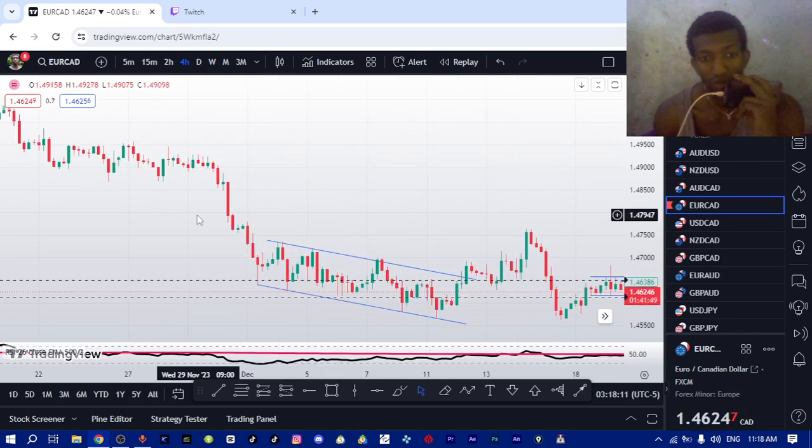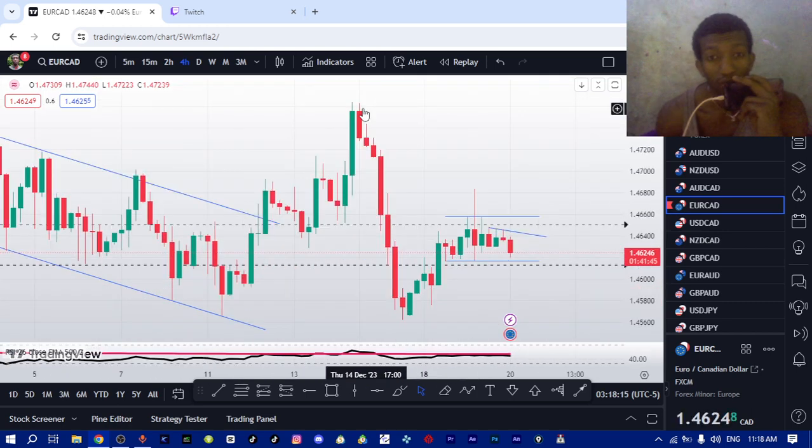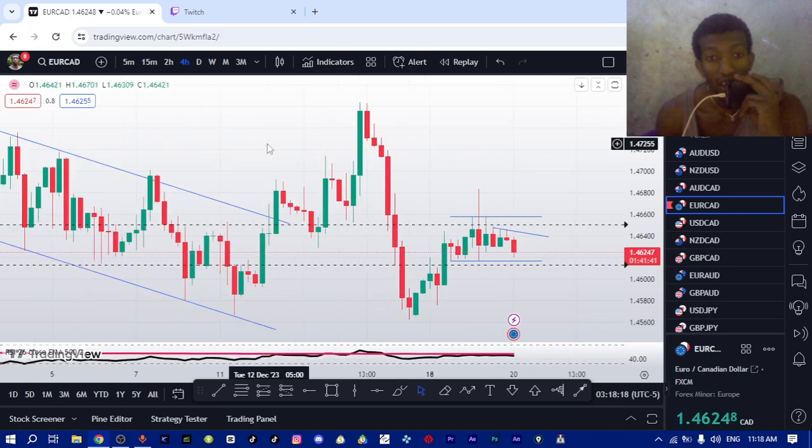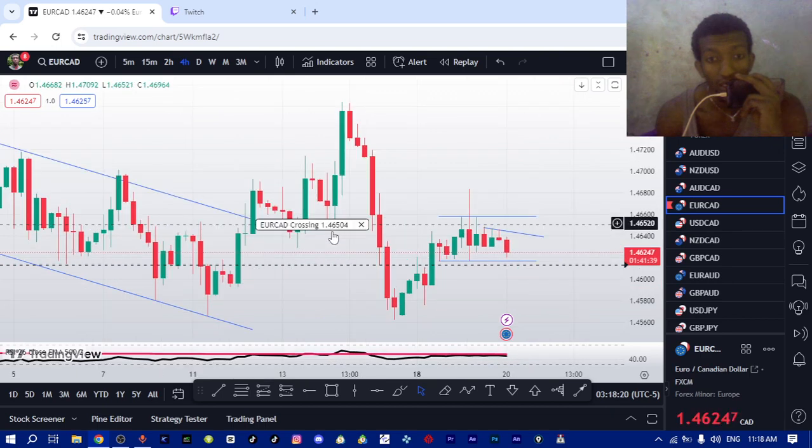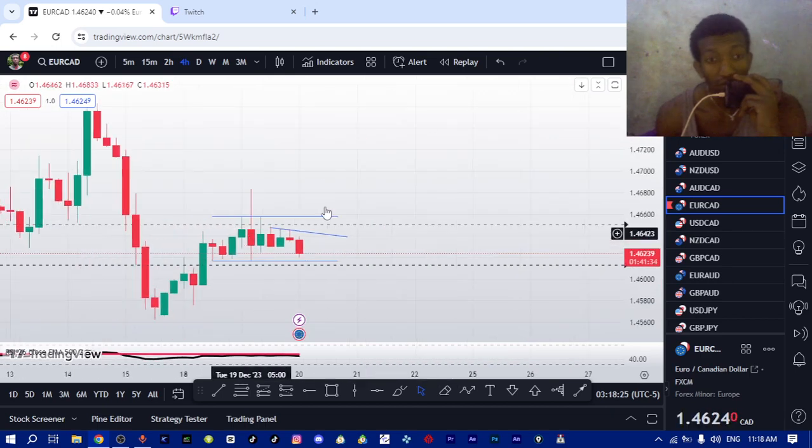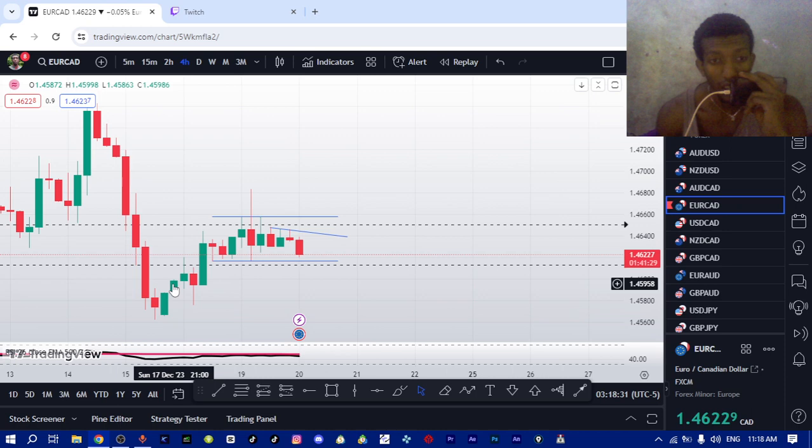We don't have it down here, but it's the same. So I think this thing right there is a final push. It is like a break and retest.